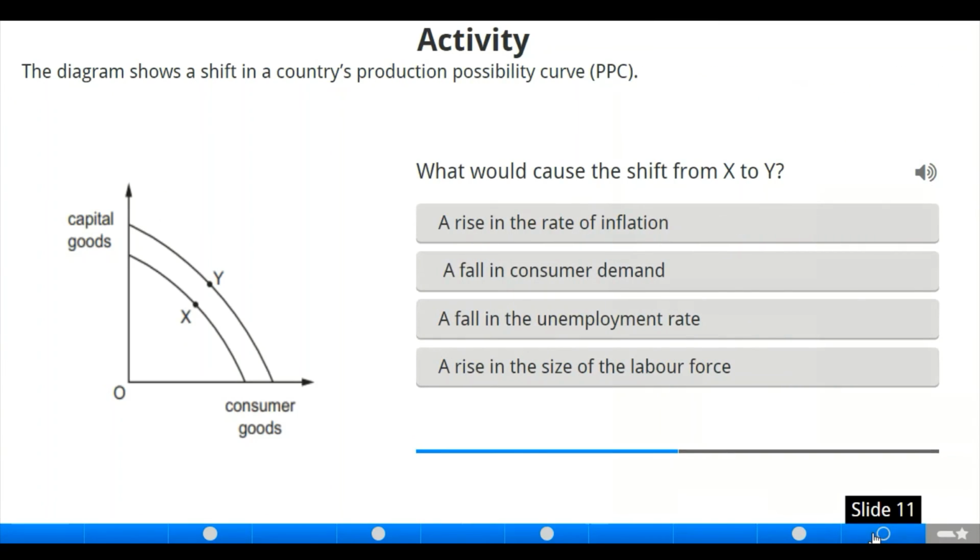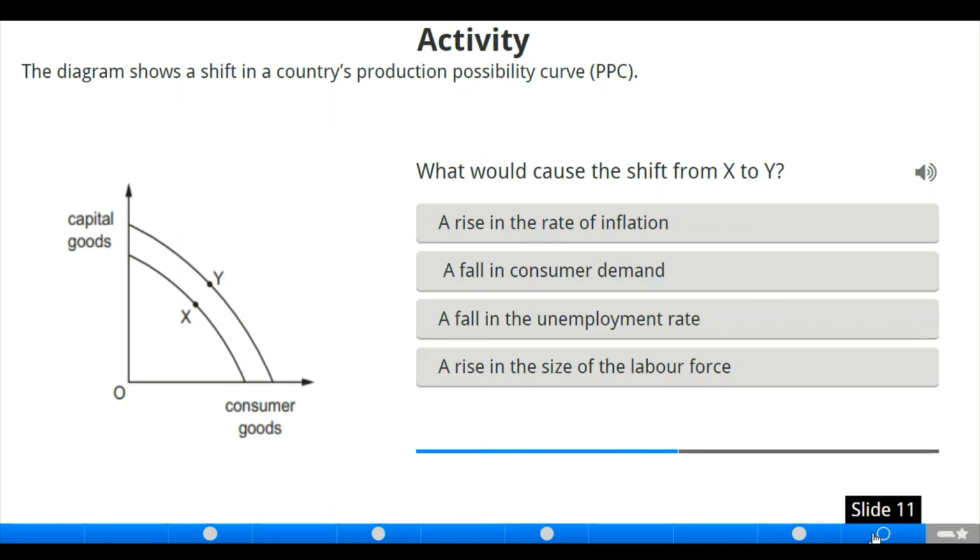This is also among your past questions about PPC. The diagram shows a shift in a country's production possibility curve. What will cause the shift from X to Y? If you look at it, from X to Y means from left to right, we have a rightward shift.